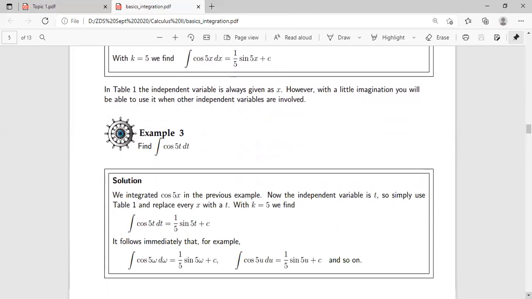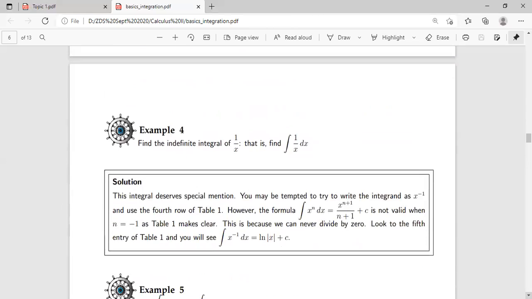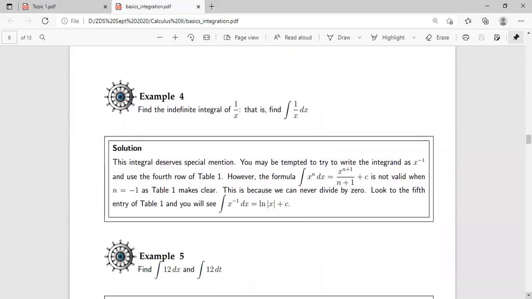And we've done so many given solutions of the different types, but keenly look at, for example, this one. Find the indefinite integral of 1 over x. This integral deserves some special mention because you may be tempted to write the integral as x raised to the power of -1.